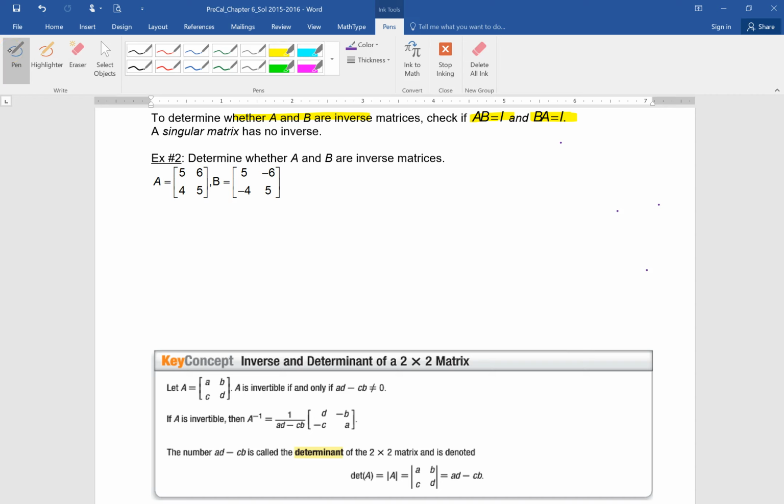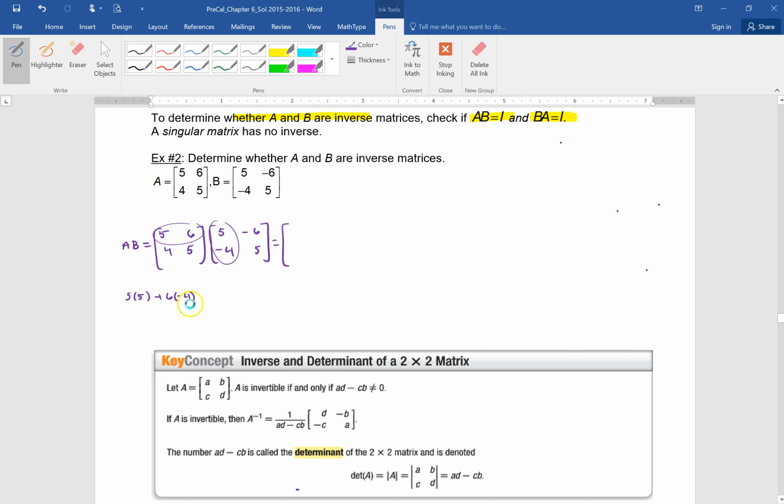Okay? All right. So first we're going to multiply A times B. What's the product matrix going to be as far as dimensions? Right. All right. So in the first position, we have row 1, column 1, right? So what do we get there? We get 5 times 5 plus 6 times negative 4.